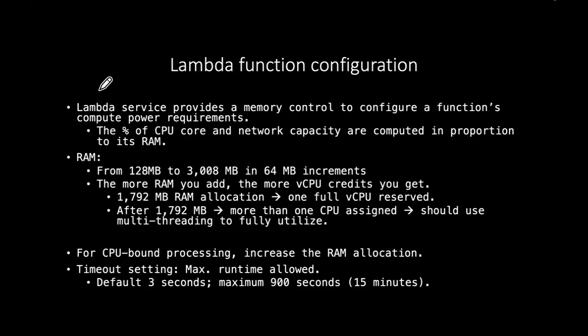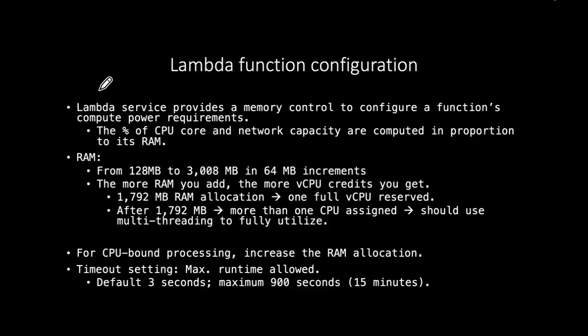Now, it turns out that we can't configure each of those three. We can only configure one thing. This is a decision that the Lambda service designers made. They decided that the only thing we, the developer, can configure for our Lambda function is the amount of RAM space that it will need.